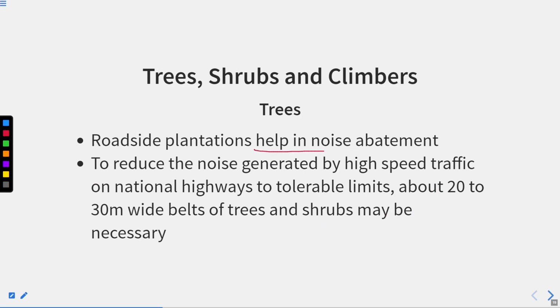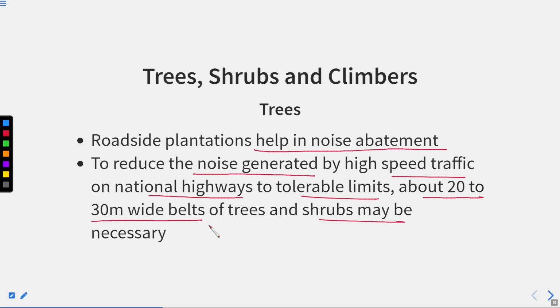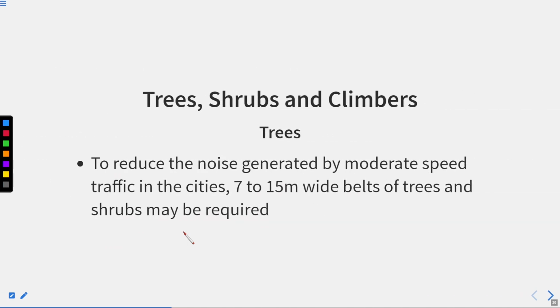Roadside plantation helps in noise abatement also. To reduce the noise generated by the high speed traffic on the national highway to tolerable limits, 20 to 30 meter wide belts of trees and shrubs may be necessary. So along with the trees, shrubs are also grown.